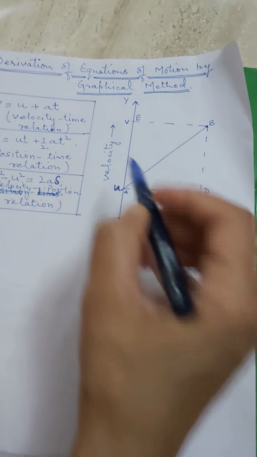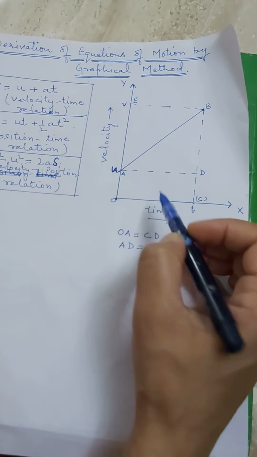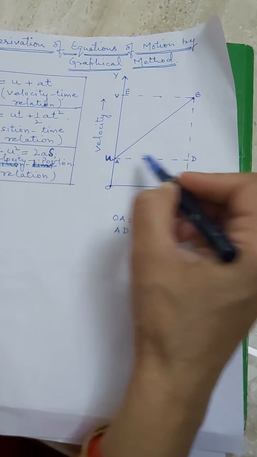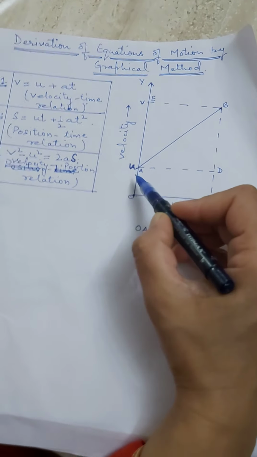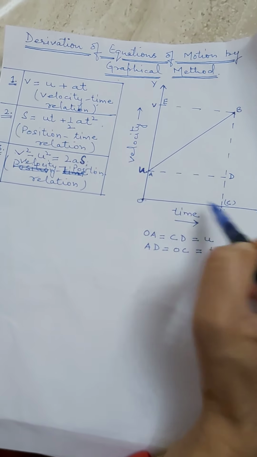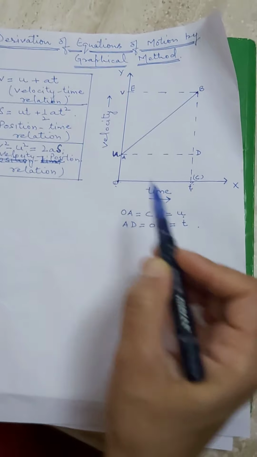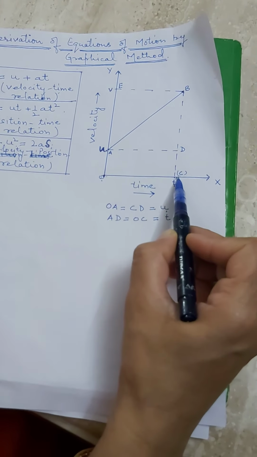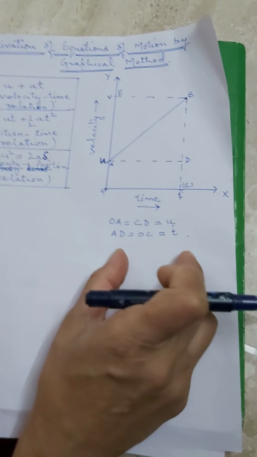And here if we complete the graph and make the blocks, you see a triangle and a rectangle. Triangle is ABD and rectangle is ADCO. Here OA is equal to CD is equal to U, and OC is equal to AD is equal to time T.